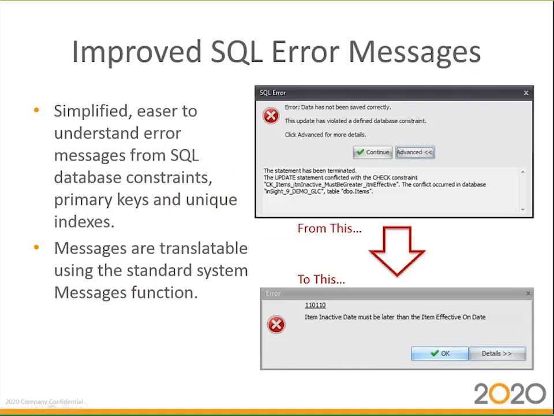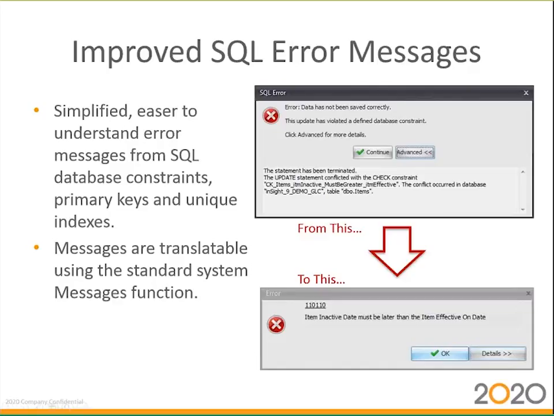So many of you, if you've worked with the system, have probably gotten one of these very confusing-looking errors in the past, because those are generated by the database when there are database constraints or unique key violations, primary key violations, which is technical speak for you're trying to put something in the database that the database doesn't allow.